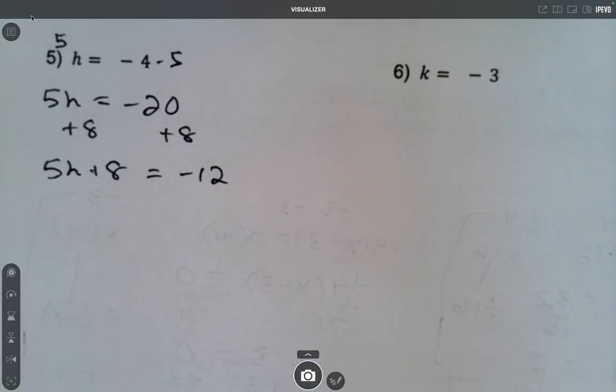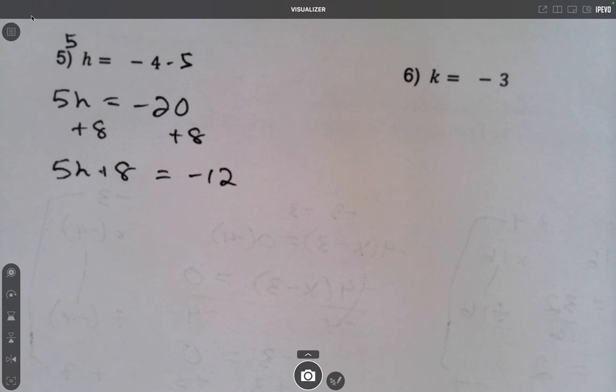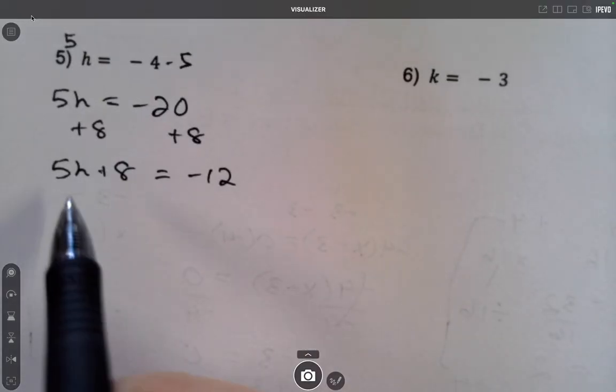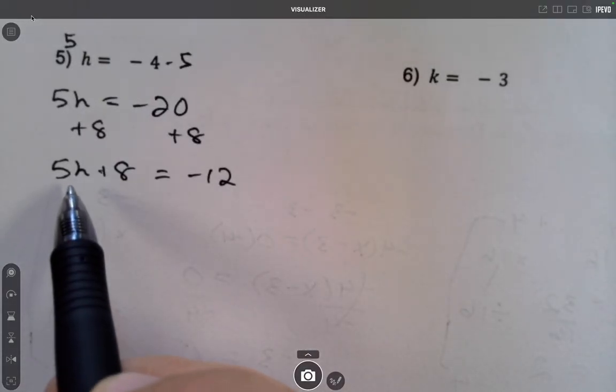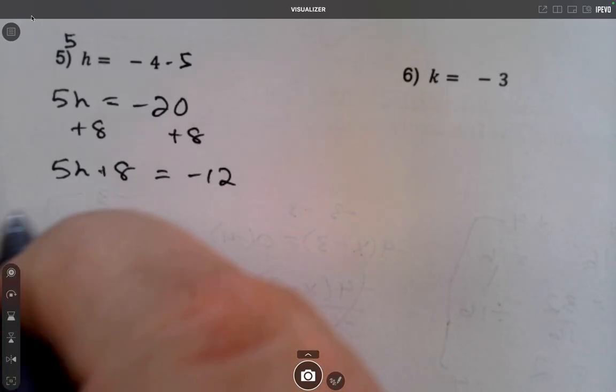Now here's where I make things fun. As you may have heard, people think I have too many x's in my life. It's all of the x's that are causing me pain and grief. No one wants to have lots of x's. So I will do to this problem what my x's do to me. Split up. I will split pieces because 5h is one term with an h, but why not turn it into 2?